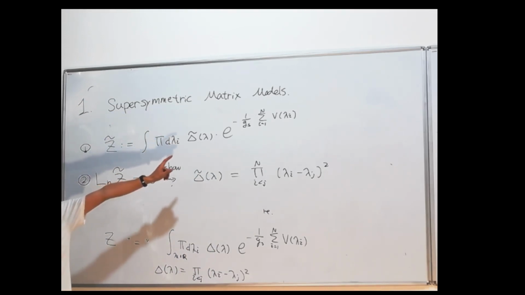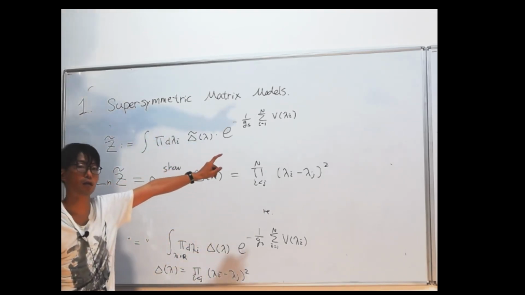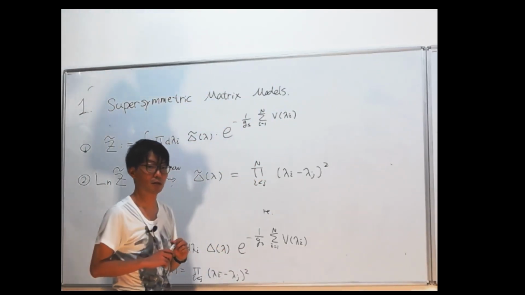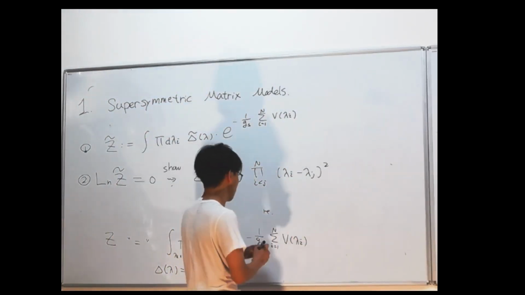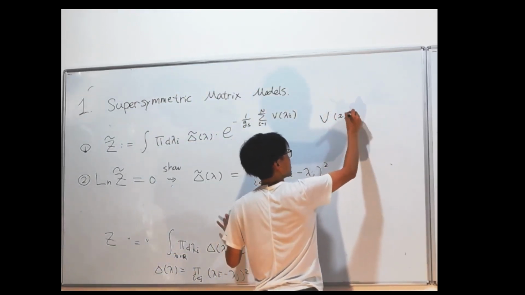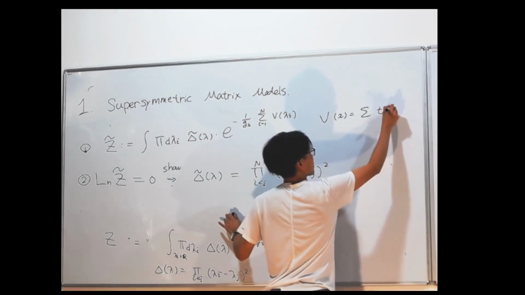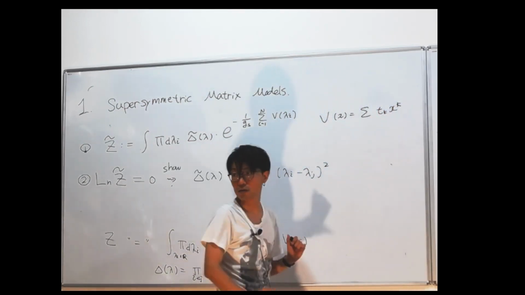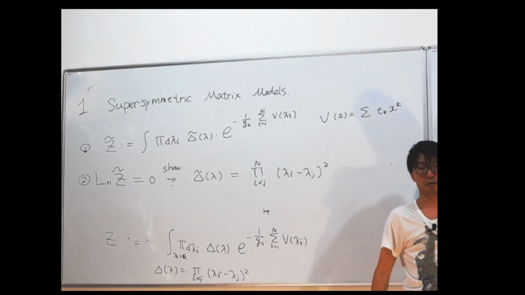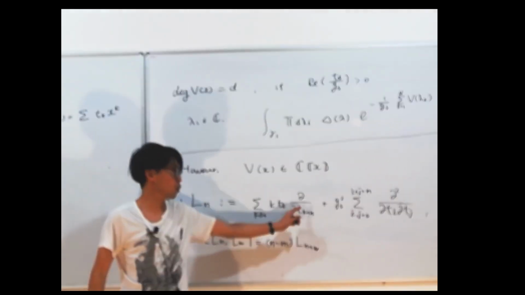Yeah? And you consider the freedom? No, power series. It has to be just a power series in this T. V has to be just an arbitrary power series. And the reason why is because I'm taking these differential operators with respect to all T's.